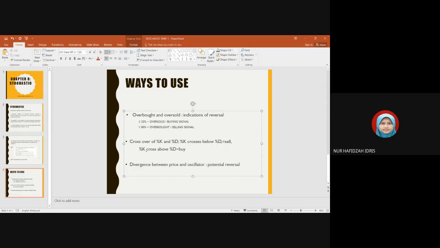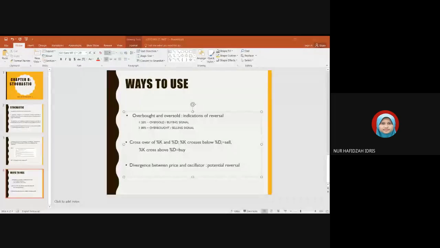And when the percentage K cross above percentage D, so it is the signal of buy. So overall, the stochastic give you the signal when to enter the market and at what time you akan exit the market. Okay. So sekarang ini I akan tunjuk dekat you how to apply stochastic dengan kita punya chart.